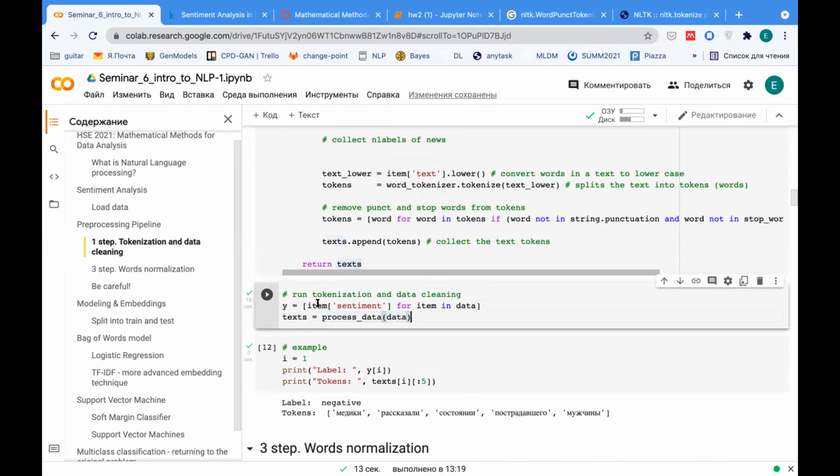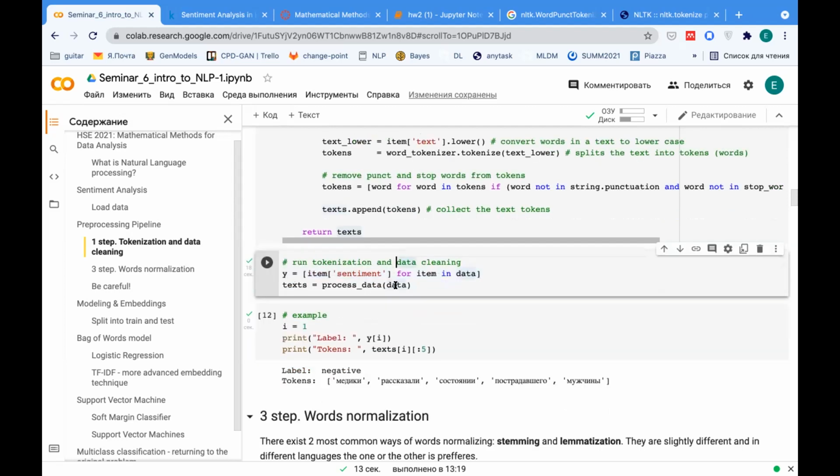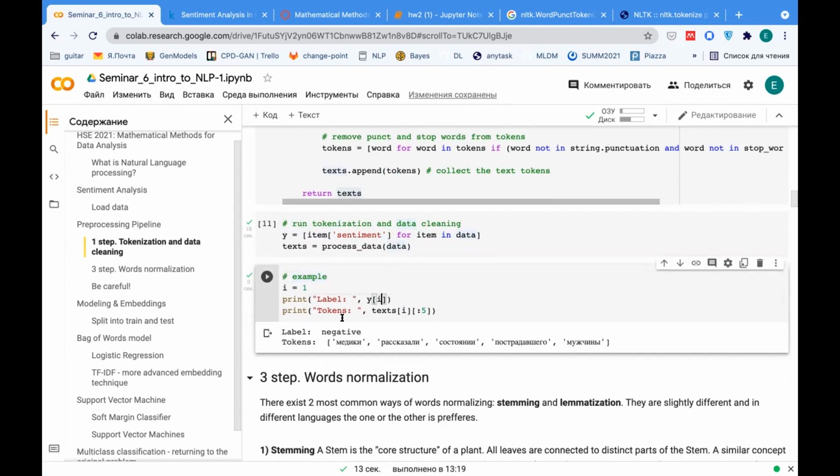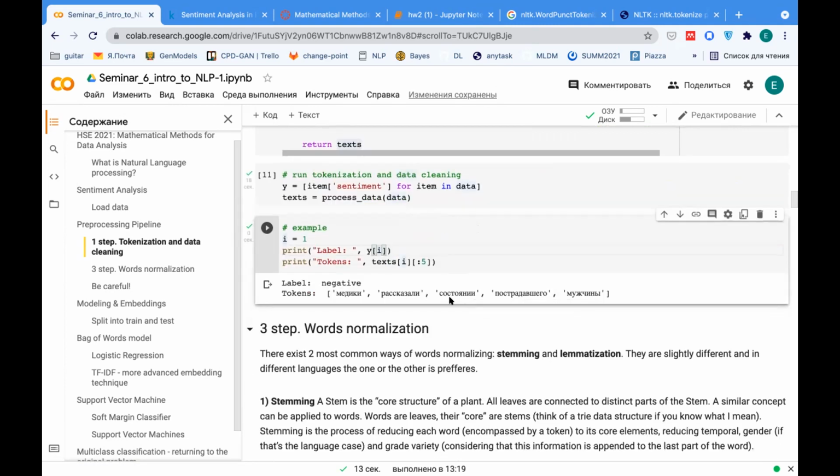We also put all our targets to y, and we can look at the example. So after processing, we have separate words, not text. So we have separate tokens like this, and we don't see any stop words since we removed them.